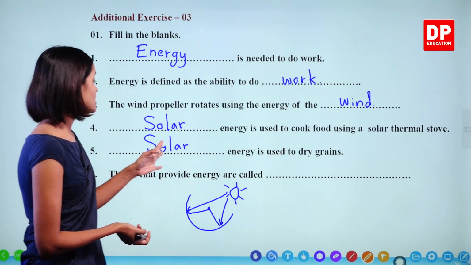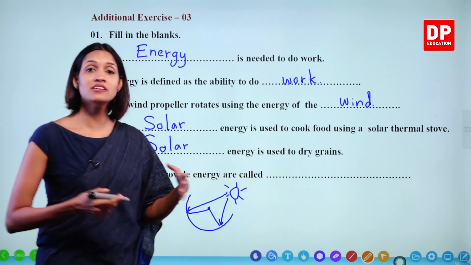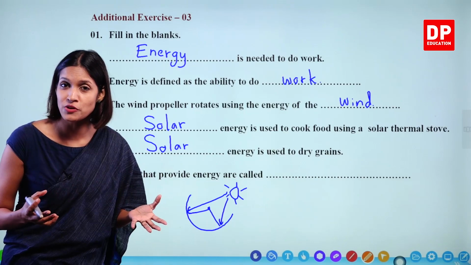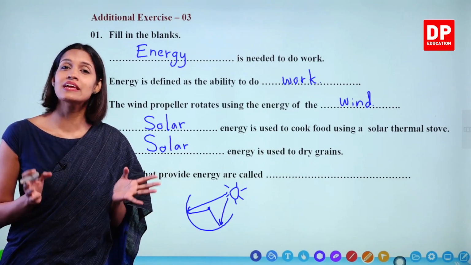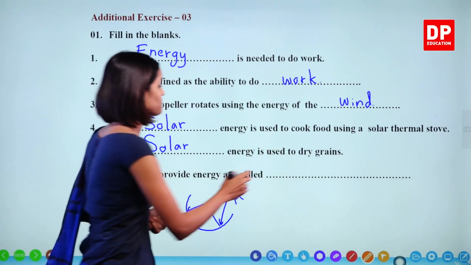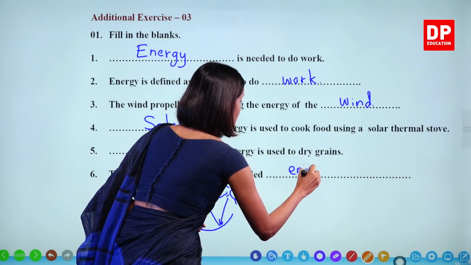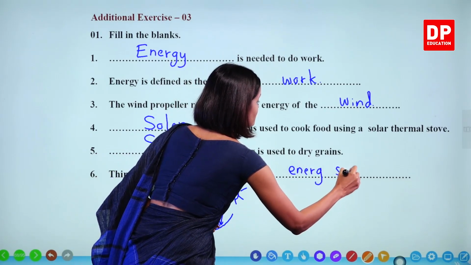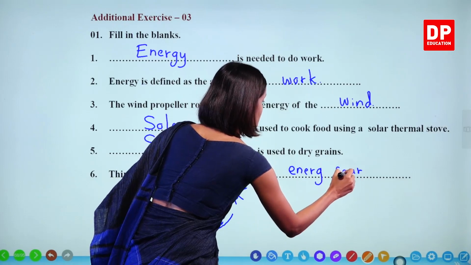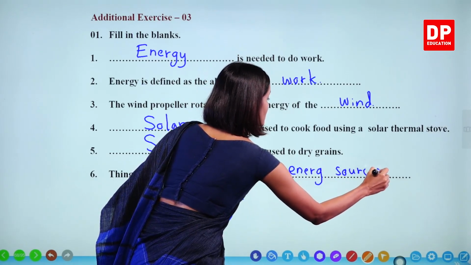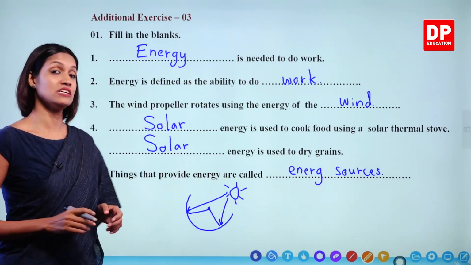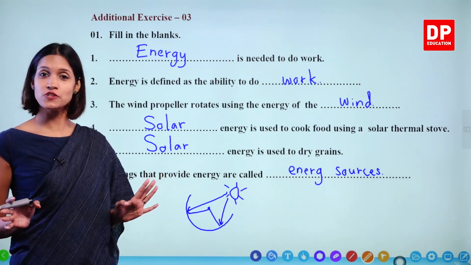Number 6. Things that provide energy are called. The things that give us energy are known as, what is the name, children? Energy sources, right? Energy sources. So we learn different examples for energy sources.